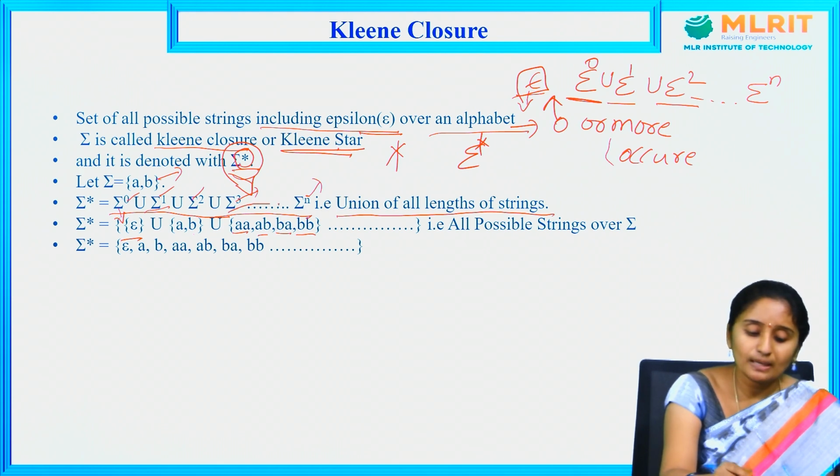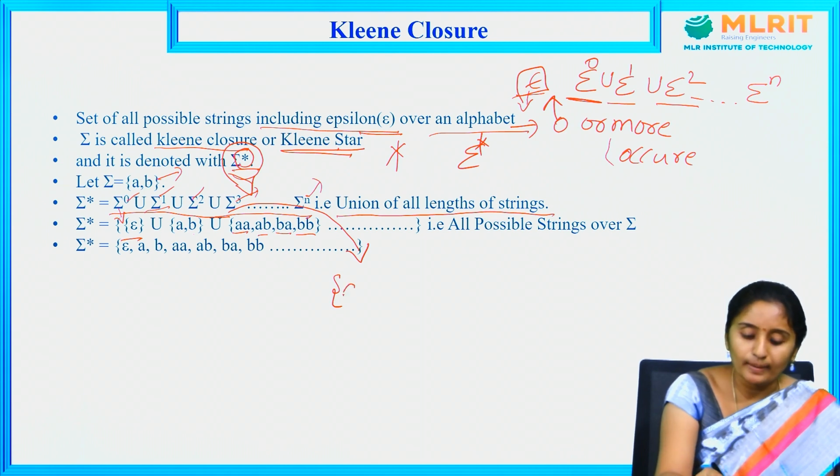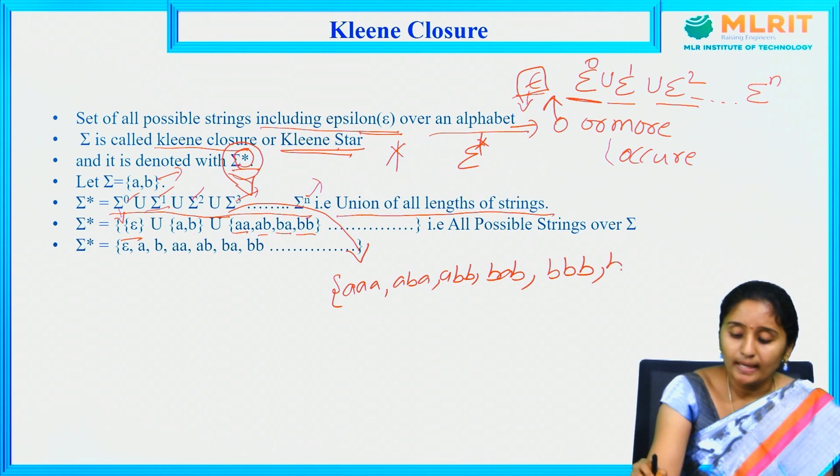For example, sigma power 3 gives 3 length strings over the alphabet a comma b: aaa, aab, and so on. How many will I get here? 2 power 3, which is 8. How do we write 2 power 3?